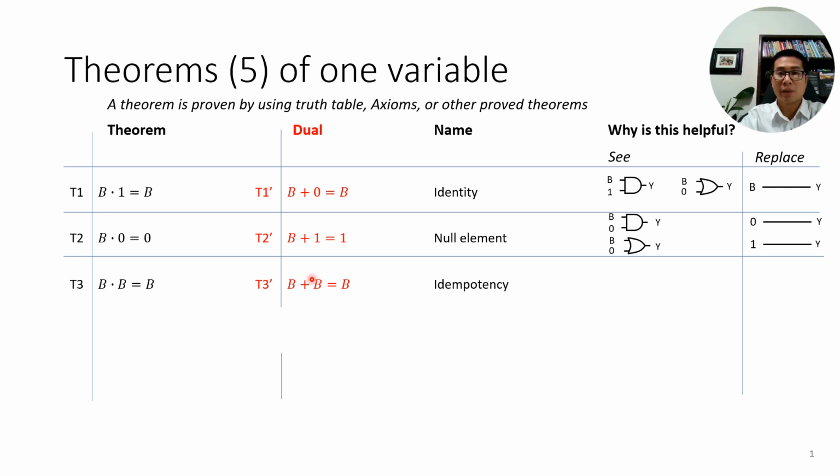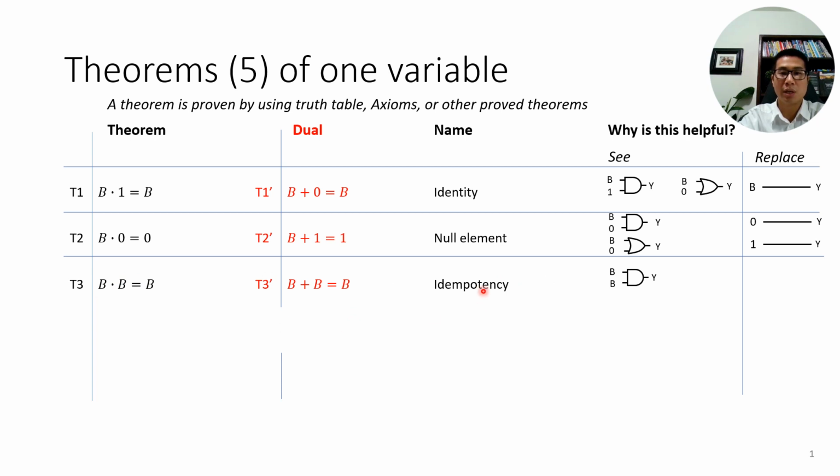It's not going to do anything else. So if you have B plus B is B, this one is pretty helpful. Or if you AND one element with the same thing, it's like not doing anything.